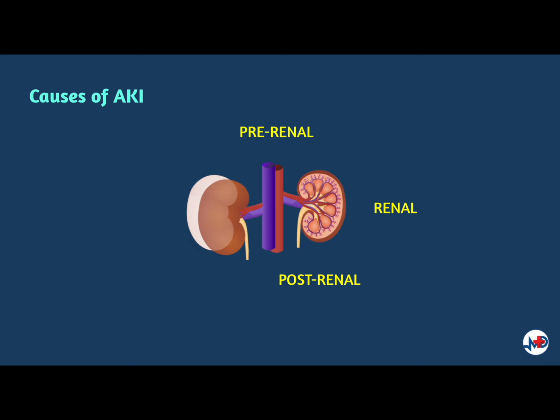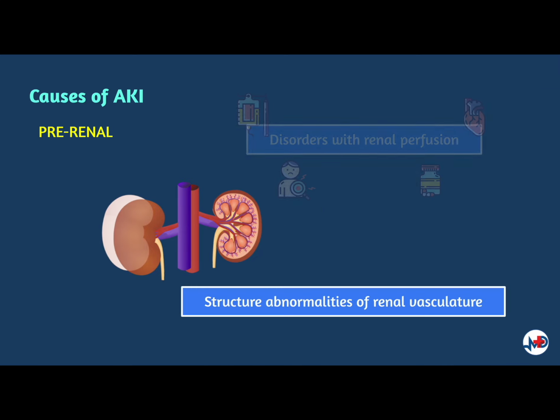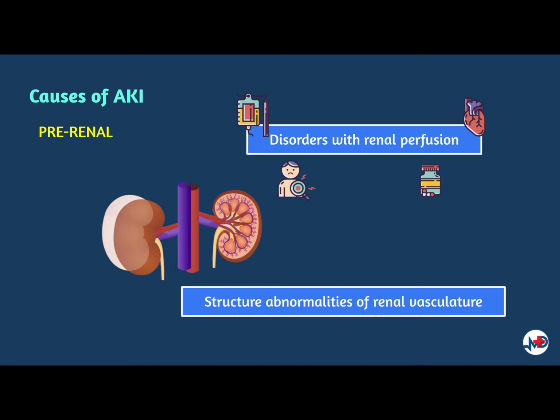Next, let's look at the causes of acute kidney injury. They can be largely grouped into pre-renal, renal, and post-renal causes. Pre-renal causes include disorders of renal perfusion and structural abnormalities of the renal vasculature.